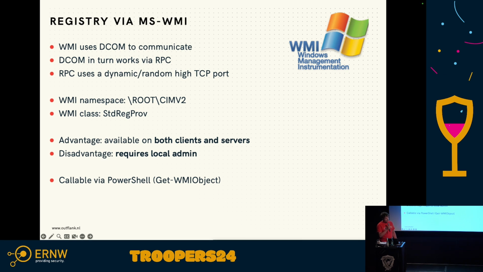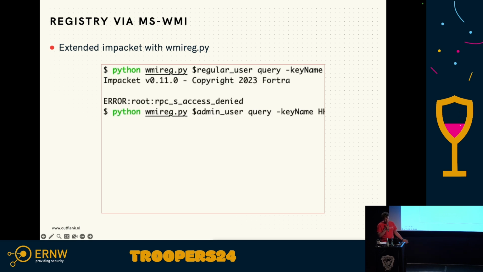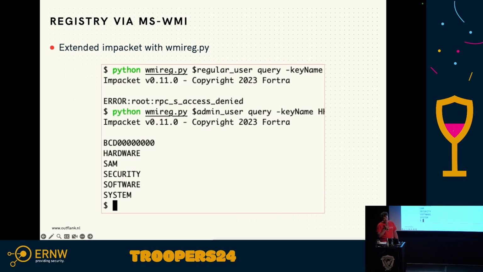In this research, we were more interested in what you can do as a domain user remotely, so we're going to primarily focus on the Remote Registry Protocol. We still extended Impacket with wmireg.py that uses WMI instead of the SMB RPC. As you can see here, as a regular user, you are not allowed to do it, but if you are an admin user, you can do similar things as with the Remote Registry Protocol.